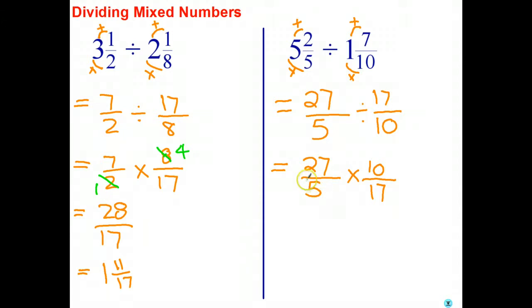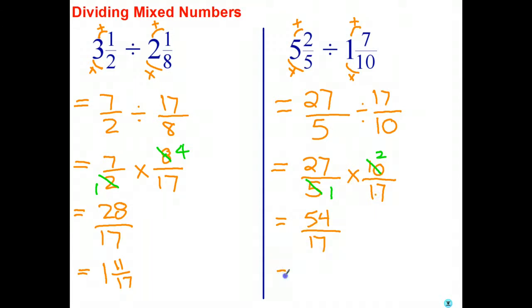So let's see, well, 5 can go into 5 once, 5 goes into 10 twice, and we now have 27 times 2, well, that's like 25 times 2 is 50, plus an extra 2 times 2 is 4, so that's 54. And in my denominator 1 times 17.